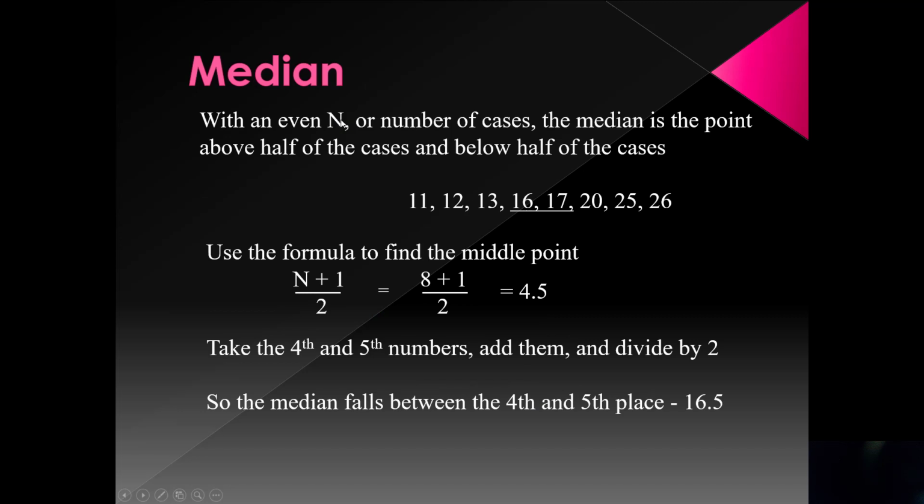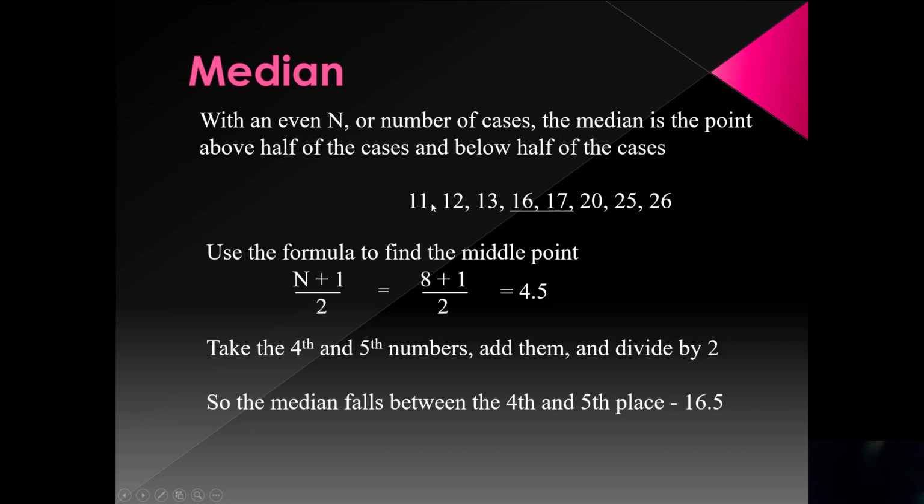If you have an even n, or number of cases, the median is the point above half the cases and below half the cases. So here I've added another number on the end of this line, and we need to use this formula again, right? Now there's 8 numbers. N plus 1 divided by 2, 8 plus 1 divided by 2, 9 divided by 2 equals 4.5.